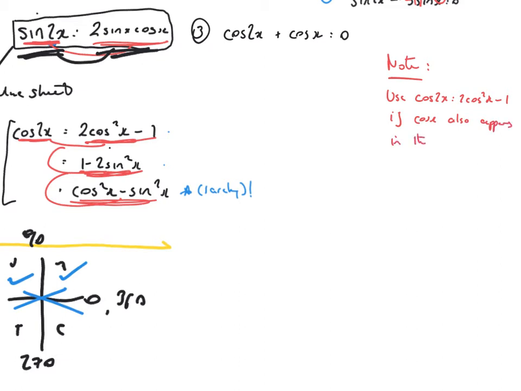This is a really important note, make sure you get it down. Use cos 2x equals 1 minus 2 sin squared x if sin x also appears in the question.